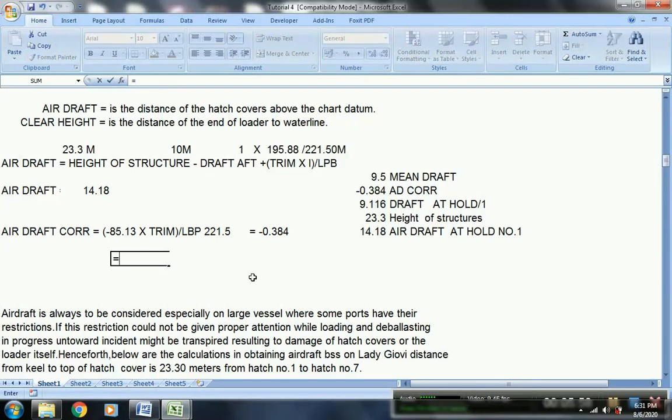Equals open 85.13 multiplied by trim, which is 1 meter, then divide by LBP, which is 221.5, then you will get the answer.